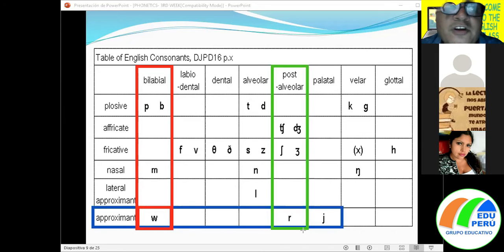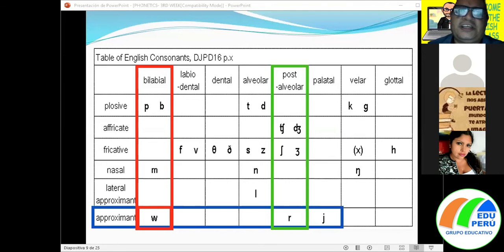In Spanish we say flor, but in English, with an English accent, it is floor. Notice the difference. The sound is right, red. So don't forget about it.